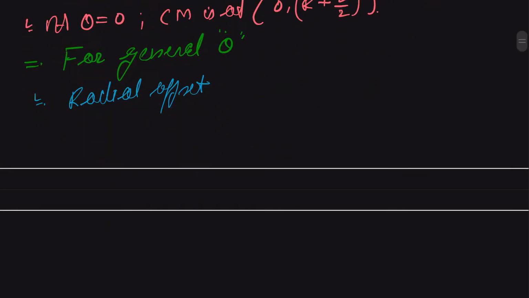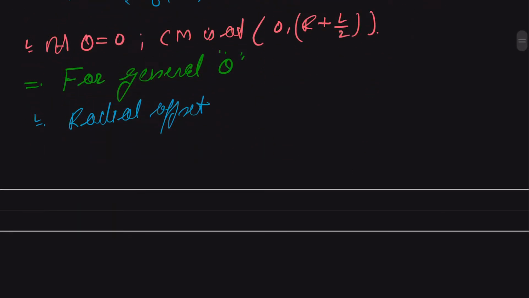So we can say the radial offset can be given as, similarly to the point we calculated for our P naught, R plus L by 2 times the n unit vector at theta.